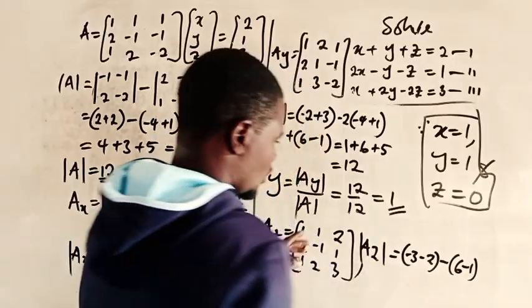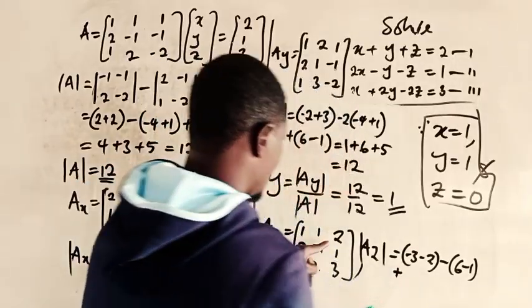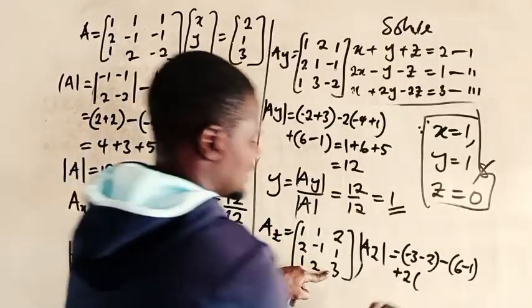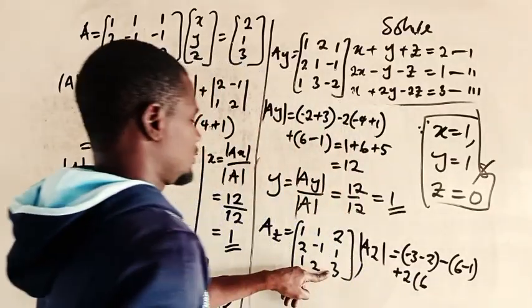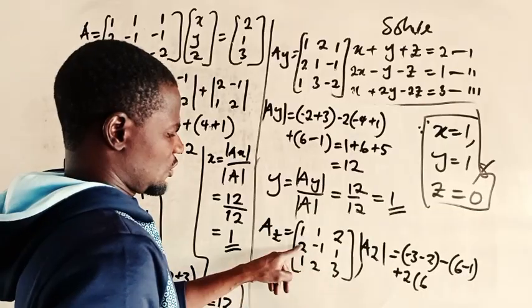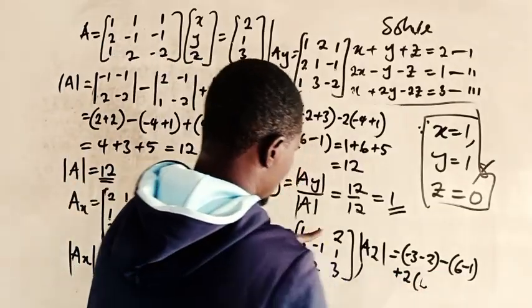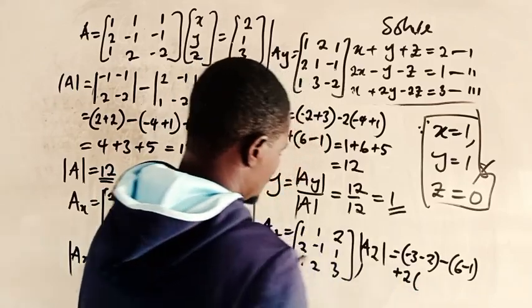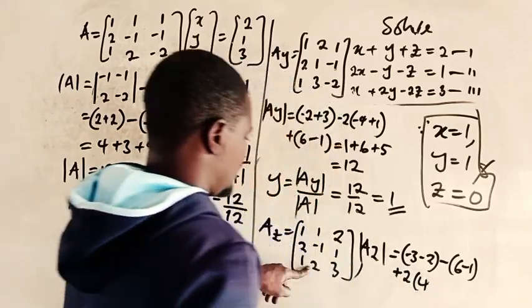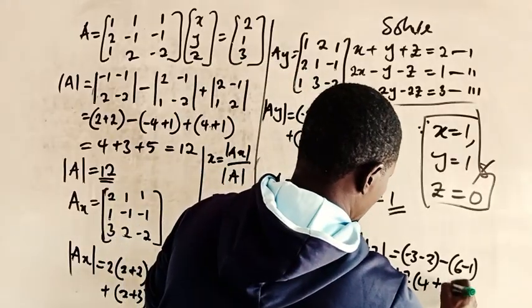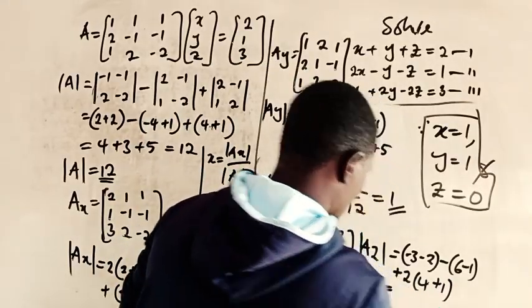Then the next cofactor is positive, plus 2 out, so we have 2 times 2 is 4, because I block here and here and consider only this. Then 1 times minus 1 is minus 1, and there's a minus there, which is plus 1.